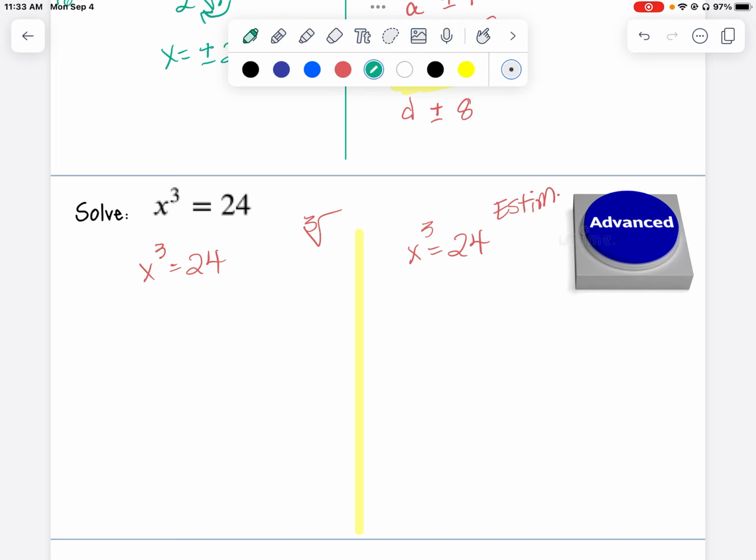If I'm looking at this problem, to get rid of a cube, you take a cubed root, which just looks like a square root, but instead it's got a 3. And whatever you do to one side, you do to the other. These guys cancel. Cube roots only have one root, they don't have 2.